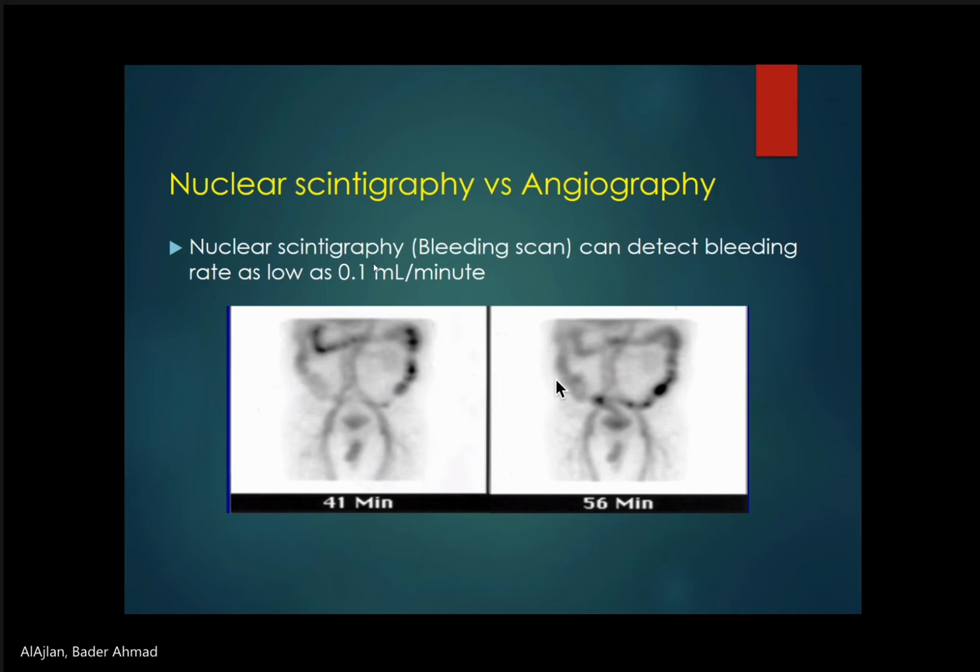The beauty of nuclear scintigraphy is that it can detect very minimal blood loss of up to 0.1 ml per minute, compared to angiography, which uses contrast and needs about 1 ml per minute to detect bleeding. If the bleeding is less than 0.1, then the nuclear scan will not detect it. But at 0.1, which is very low, it is very sensitive, so it will show you at least the location of the bleed.